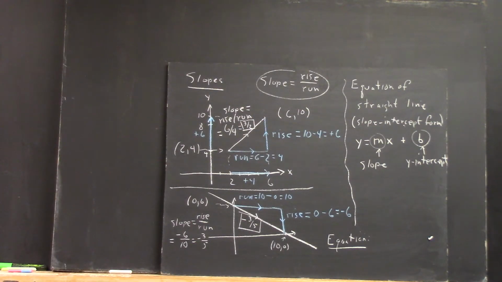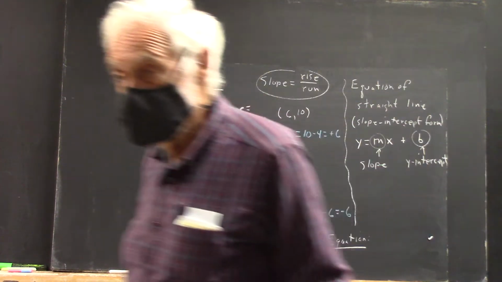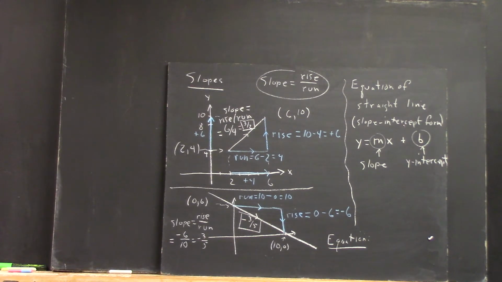So you might have trouble seeing it on the open laptops. All you have to do is identify the slope and identify the Y-intercept for the line we just did.